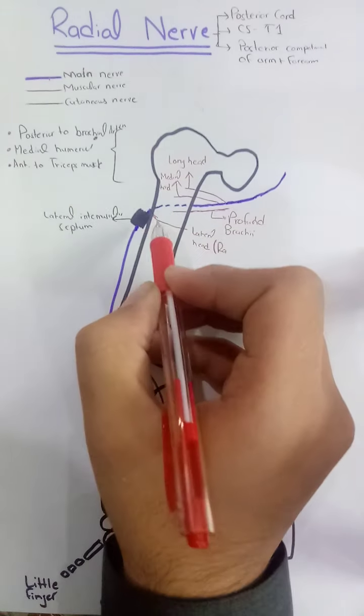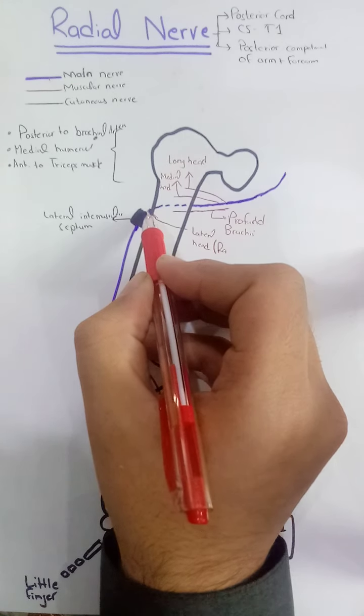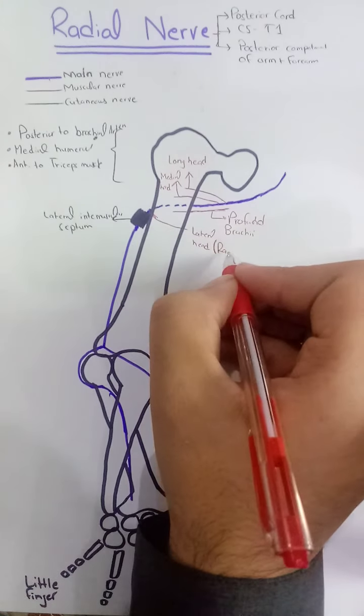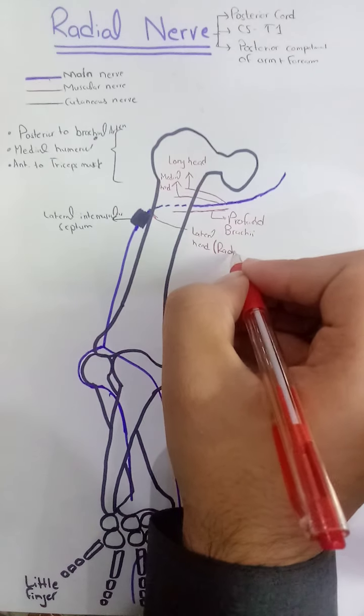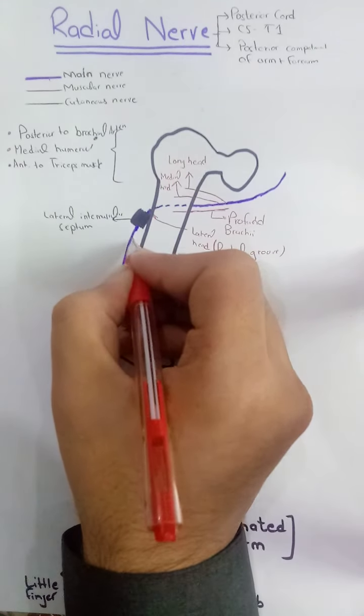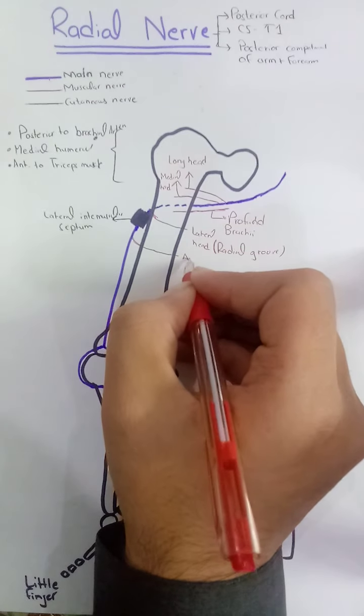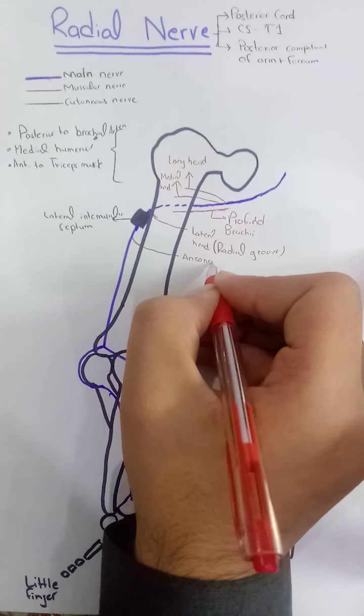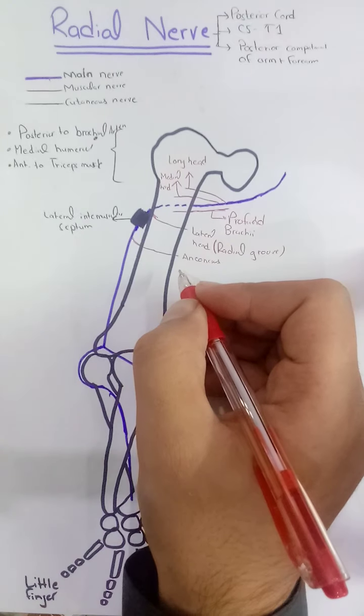As I have told you earlier, this turning is occurring in the radial groove, and in this turning it is giving a branch to the lateral head of triceps. And after that it will give one muscular branch to the anconeus muscle, which is also a muscle of the posterior compartment of arm.